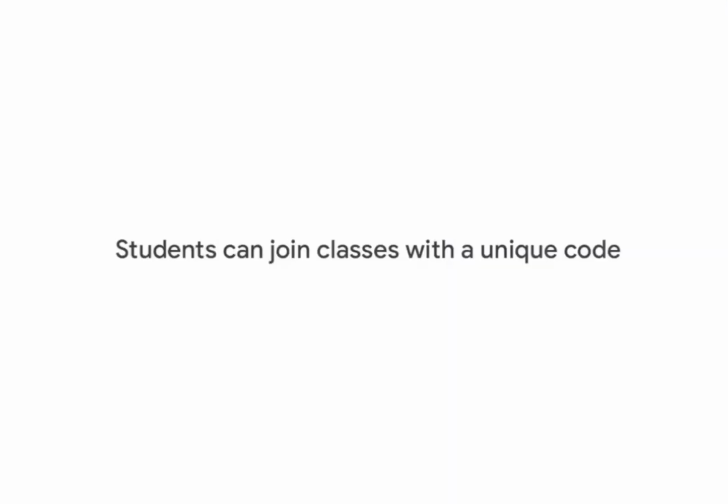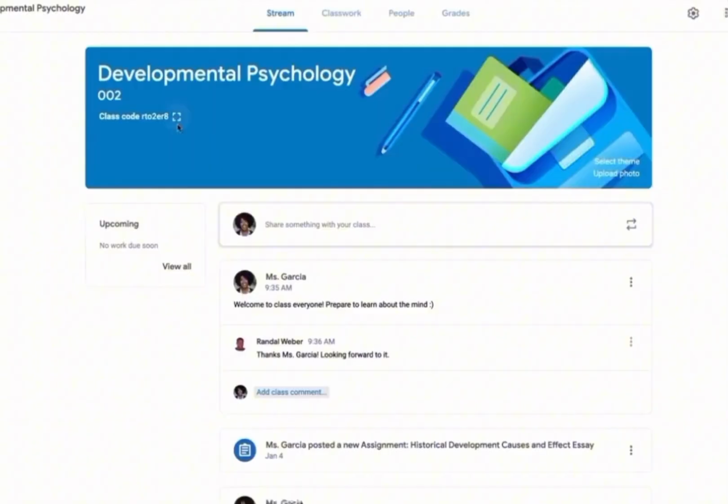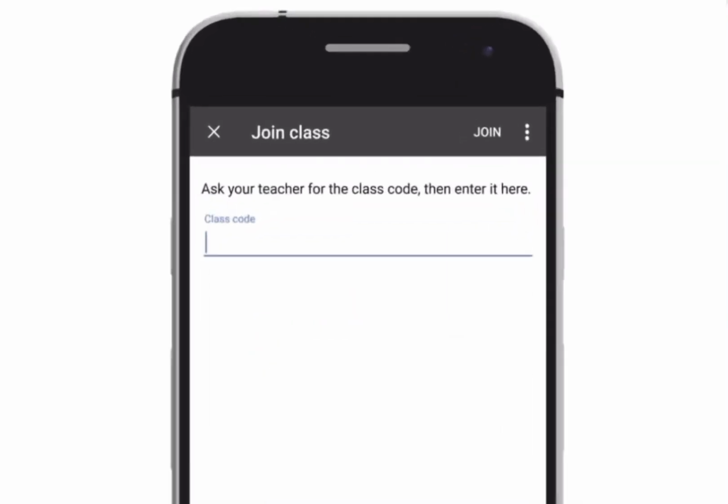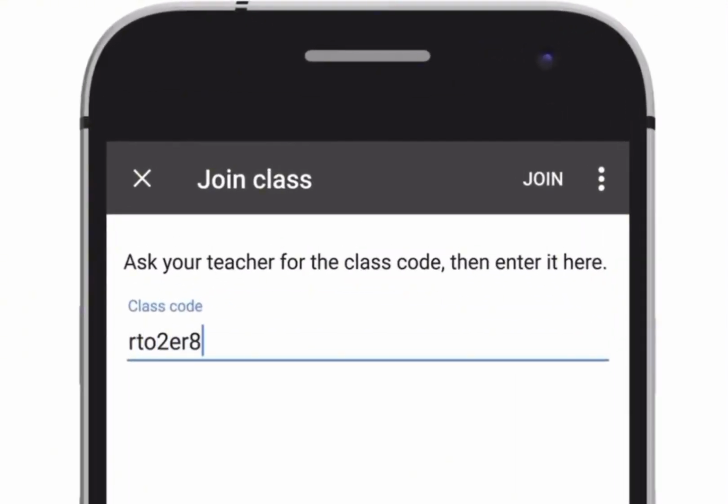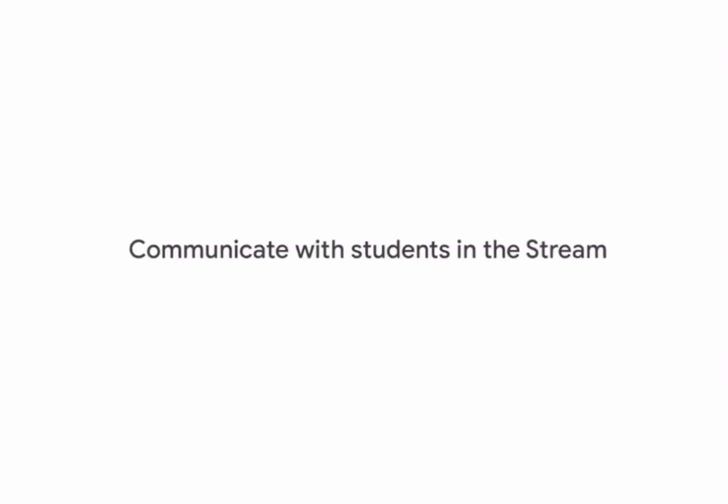How can I easily to connect to my teacher? How can I able to continue my learning? Try the Google Classroom. How do Google Classroom works? Student can join classes in a unique code. As long as you join the class that is easy for you to connect to your teachers and classmates.